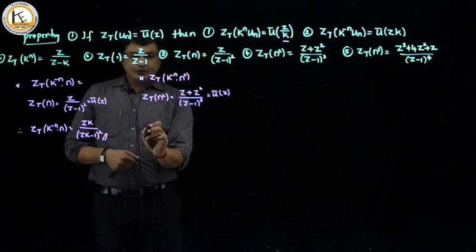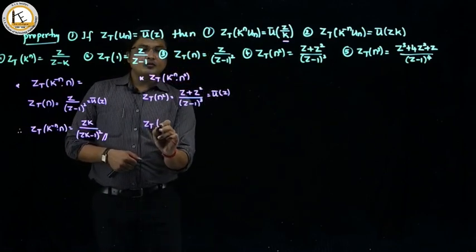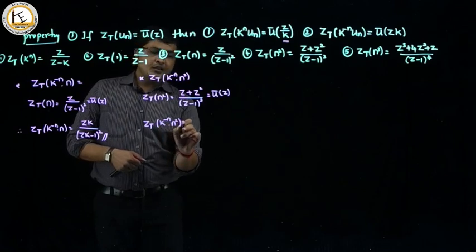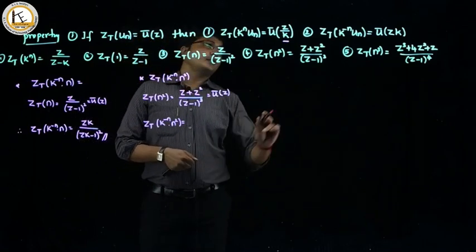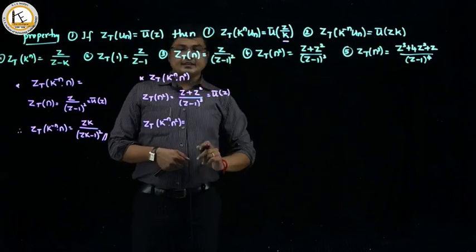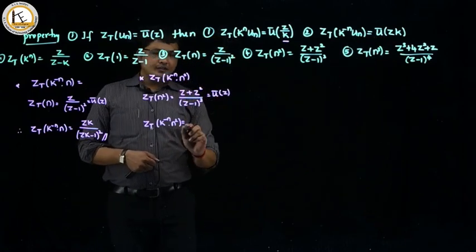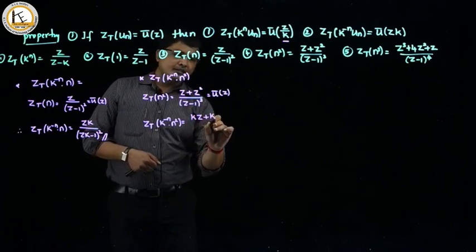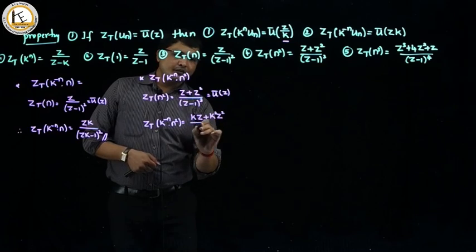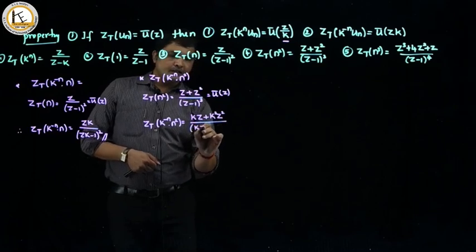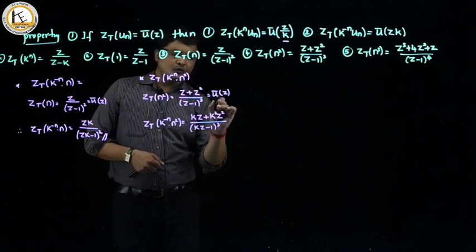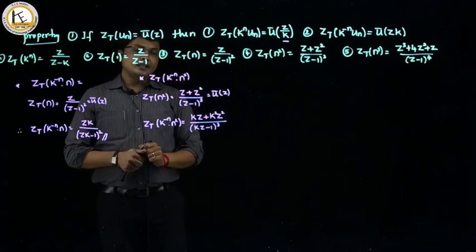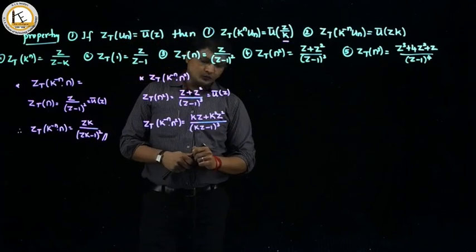Later to find out z transform of k raised to minus n into n square, we just replace z as zk in this u bar of z. So we have kz plus k square z square whole divided by kz minus 1 the whole cube. So that is the z transform of k raised to minus n into n square.